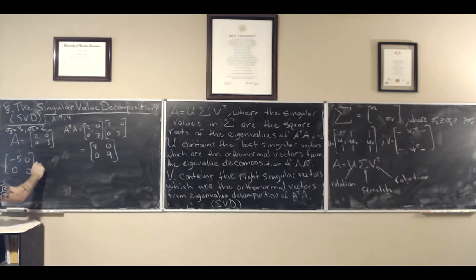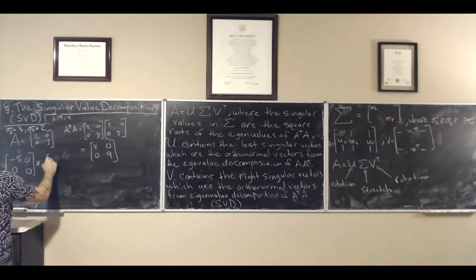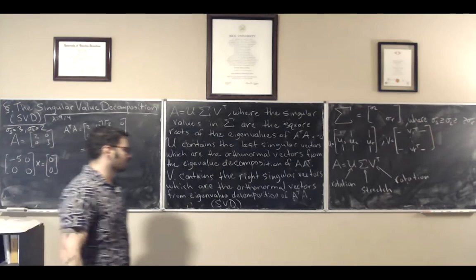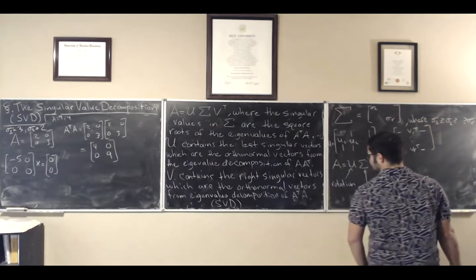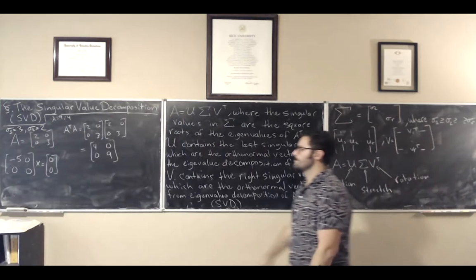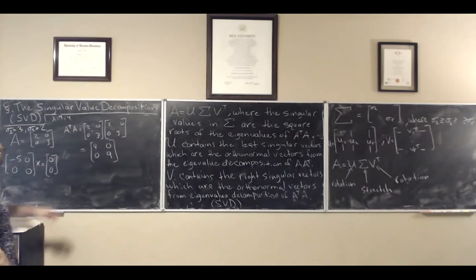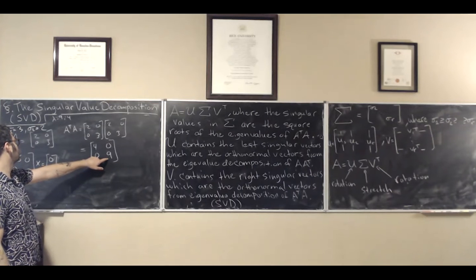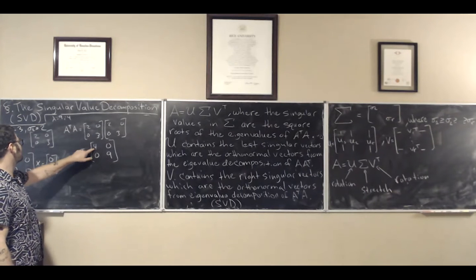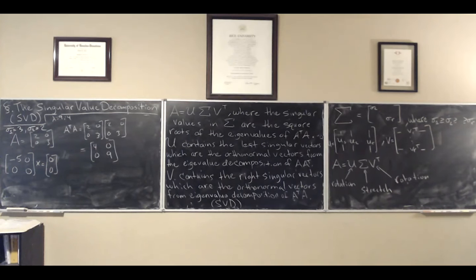So, oh, x is in the null space. There's only one, right? If we subtract off 9 there, it's 0. We subtract off 9 there. Yeah. There's only one solution to this. x is equal to 0.